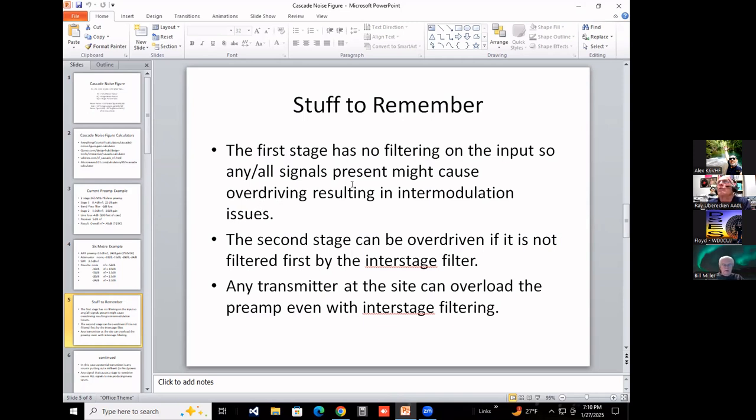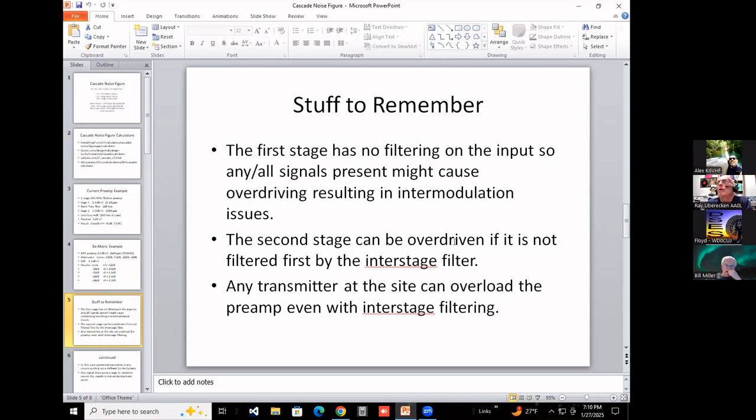I don't think they were strong enough to do intermod, because any signal that overdrives the amplifier, then everything coming in the front end intermods. So be careful of that.